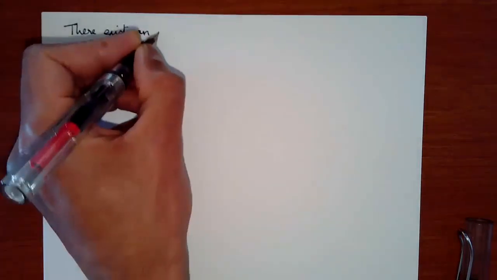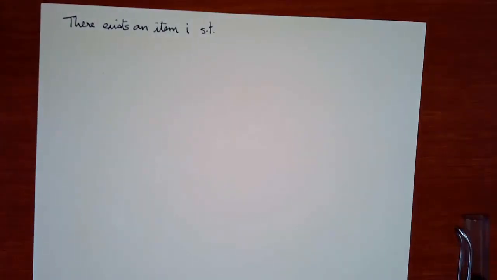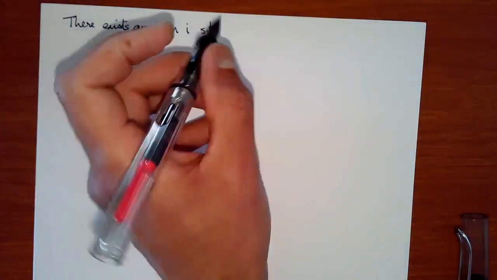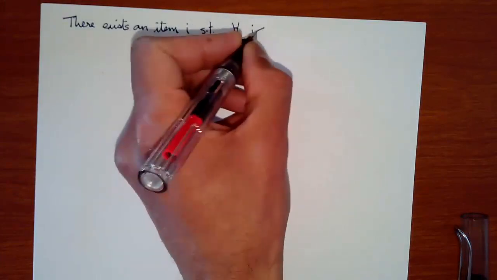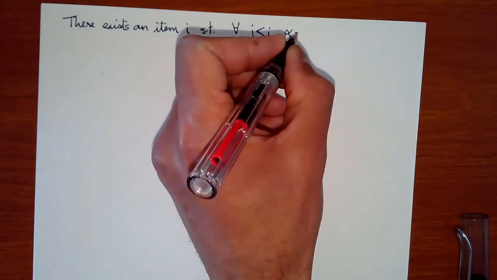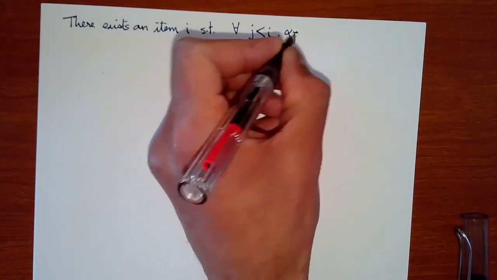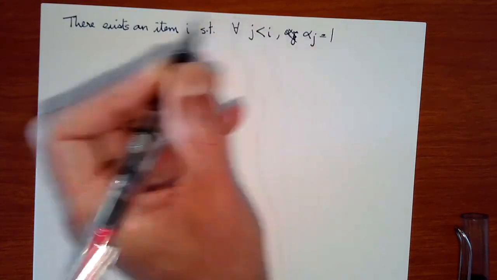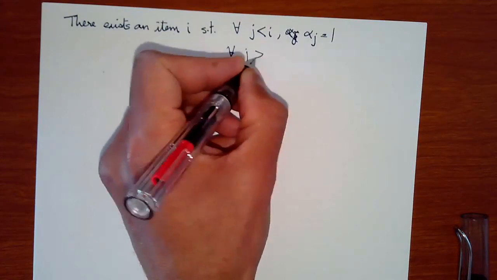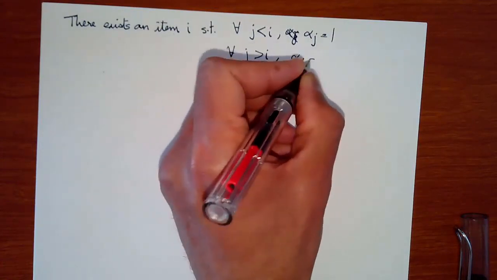So I'll draw this as a picture so that you see. I'll say there exists an item I such that for all j strictly less than I, alpha j is equal to 1, and for all j strictly greater than I, alpha j is 0.